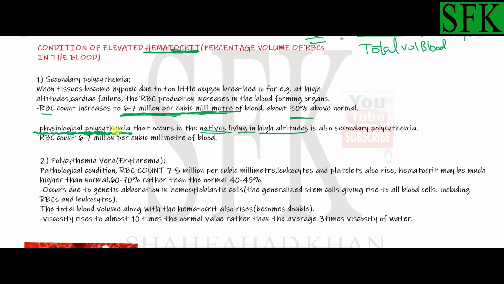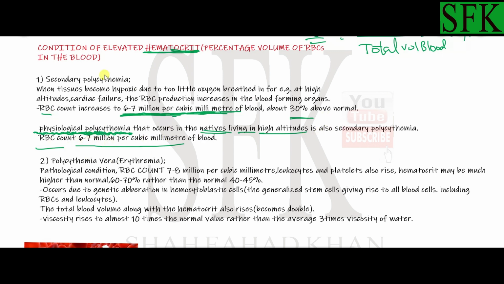So in physiological polycythemia the red blood cell count increases so as to fulfill the oxygen demand needed by the body tissues. It goes from 5 million to 6 to 7 million per cubic millimeter of blood.